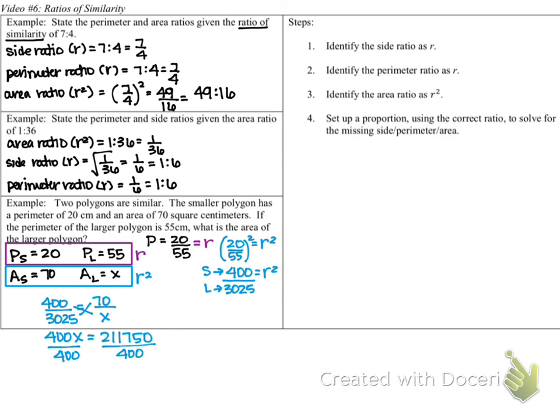Those are going to simplify, and this is going to give us x is equal to, it's not even an approximation, it's kind of nice, 529.375 units squared. So that means that the area of the larger polygon is going to be 529.375 units squared.